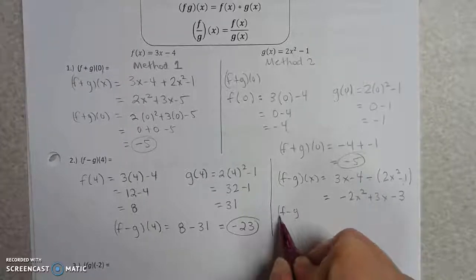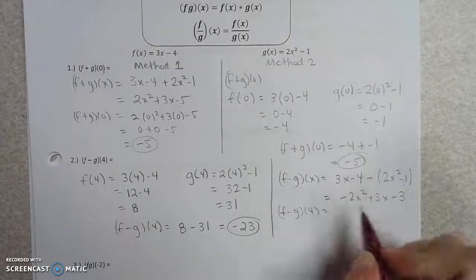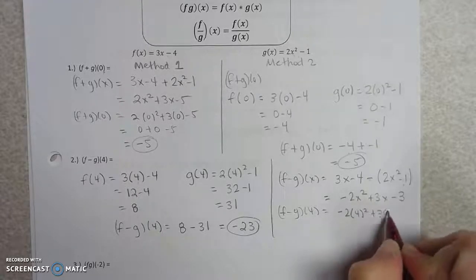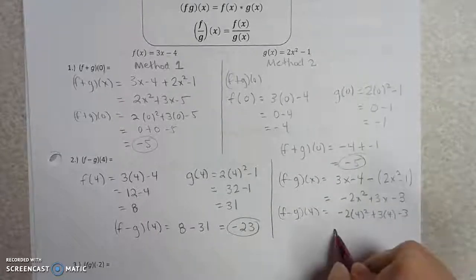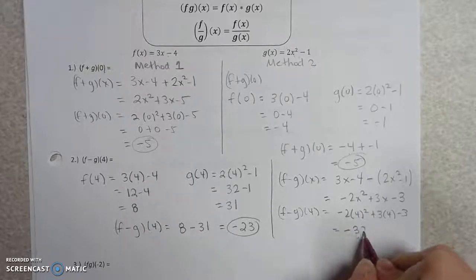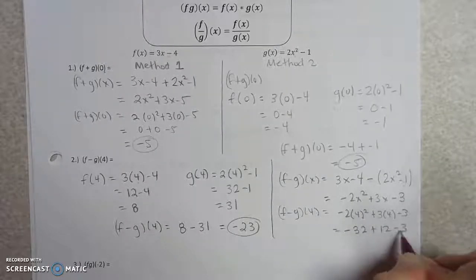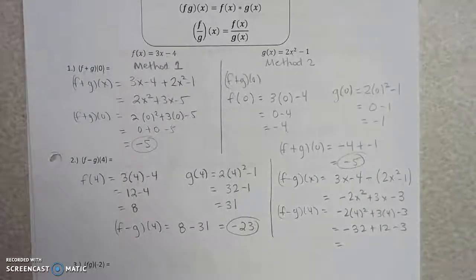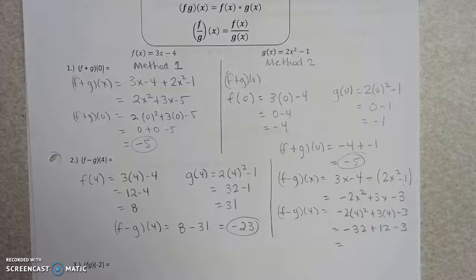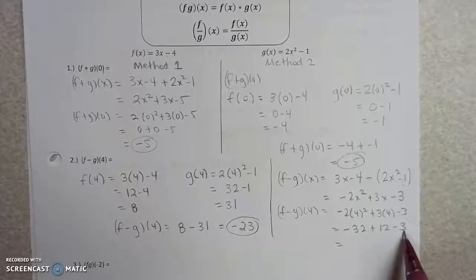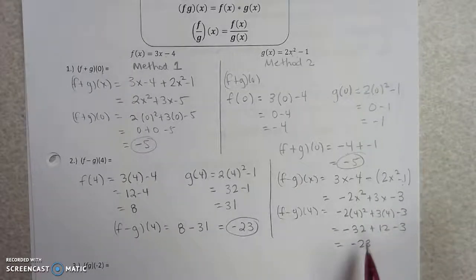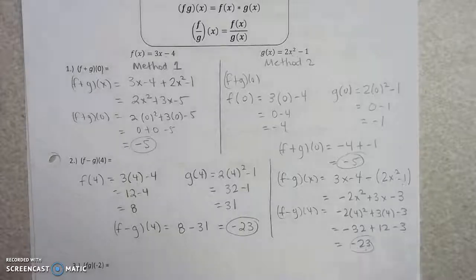And then I would come in here and fill in a 4 everywhere that there's an x. And that would give me negative 32 plus 12 minus 3. Alright, and that would be negative 35 plus 12 makes negative 23. Alright, same answer.